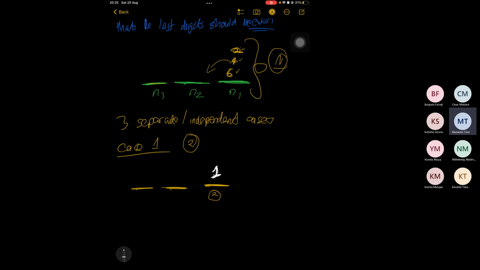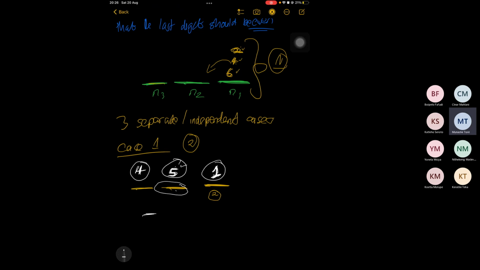Now this position on its own, how many numbers can occupy it? It can be 5 numbers, isn't it? So if 5 numbers are occupying this one, then how many numbers can occupy this position? It can be 4 numbers.